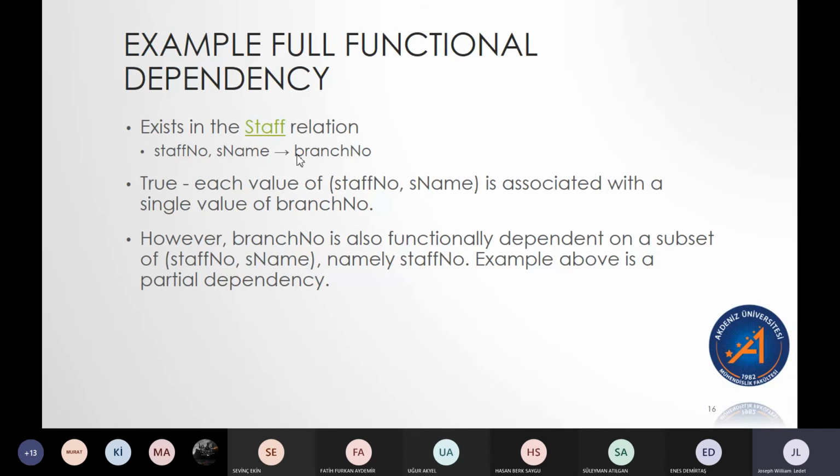We call that a partial dependency, because it's not fully functionally dependent. So the only one we would need would be staff number determines branch number.